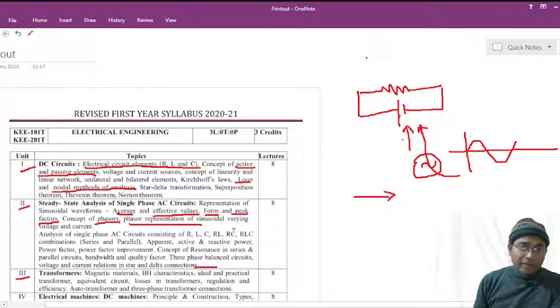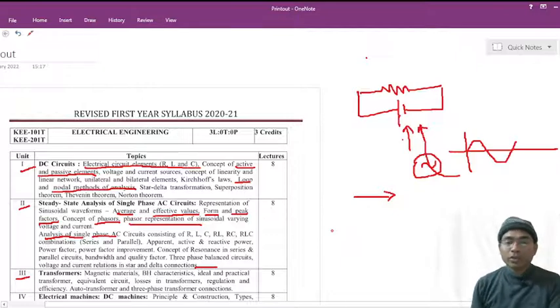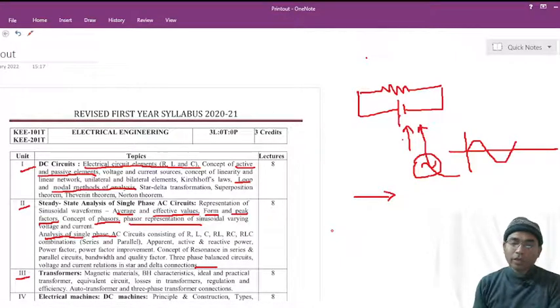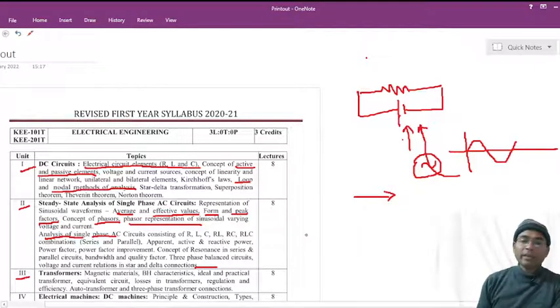And then the second part of this unit is the analysis part. In this part you will see what will happen if the alternating source or sinusoidal source is applied across resistance only, inductance only, capacitance only, and then combinations of RL, RC, RLC.